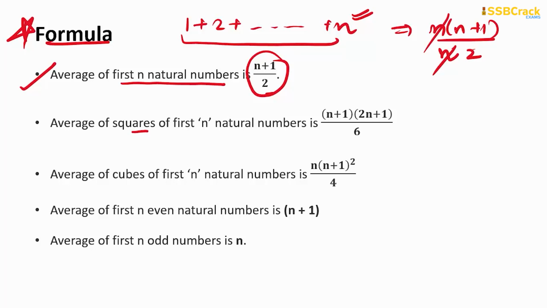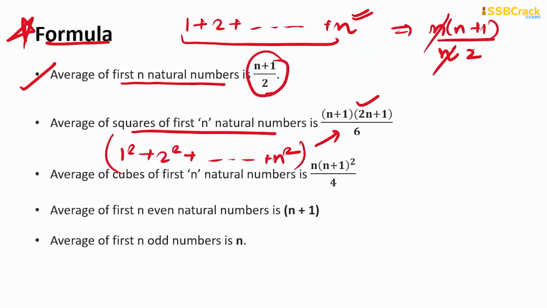Similarly, the average of the squares of the first n numbers, that is 1 square plus 2 square up to n square, will be given by n plus 1 into 2n plus 1 by 6, right?